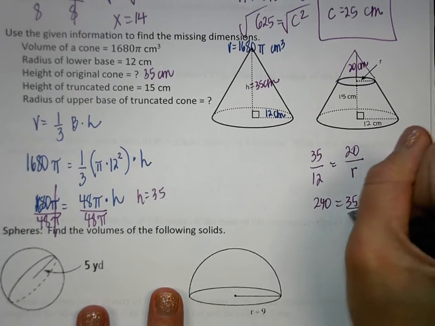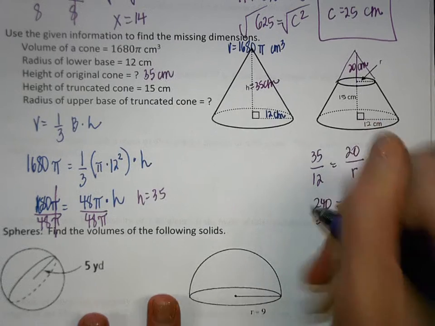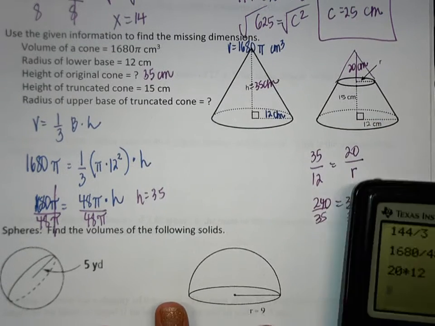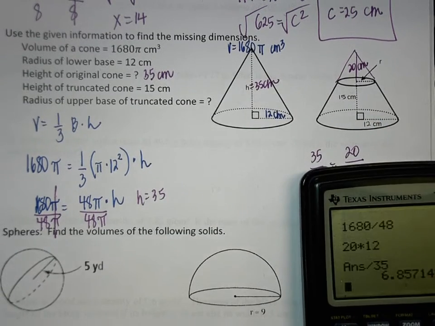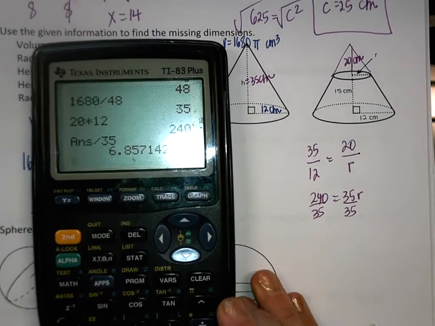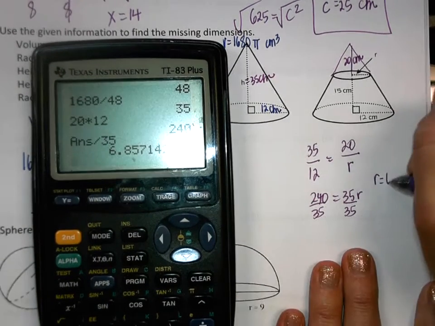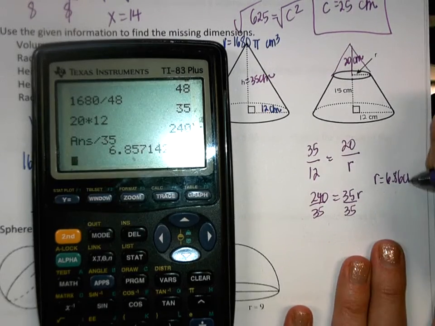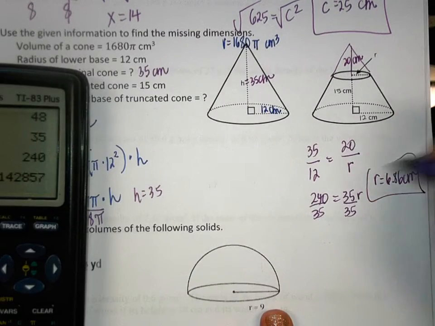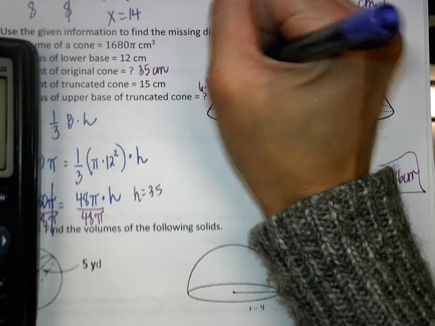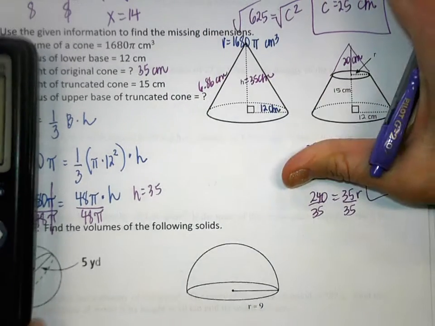Divide by 35. And so 240 divided by 35 is 6.86 what? Centimeters. So we have 6.86 centimeters. And we found all the missing information there.